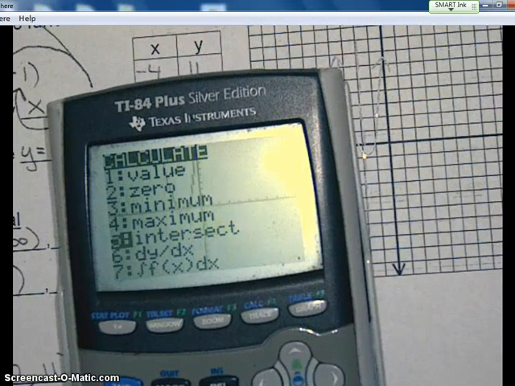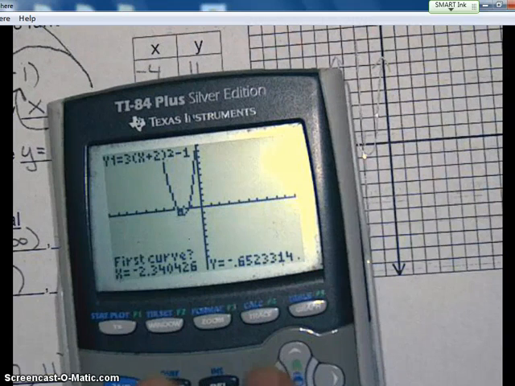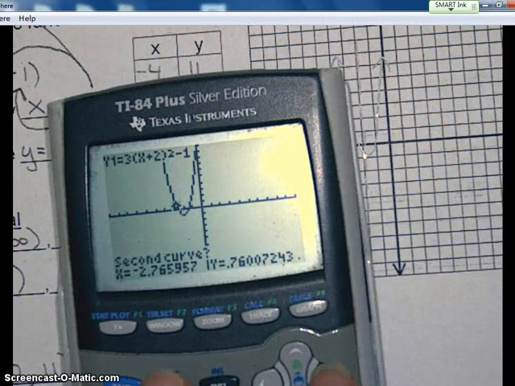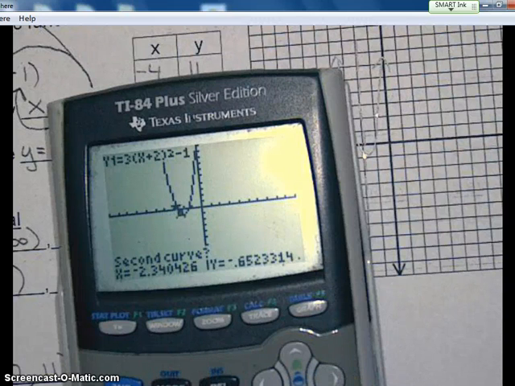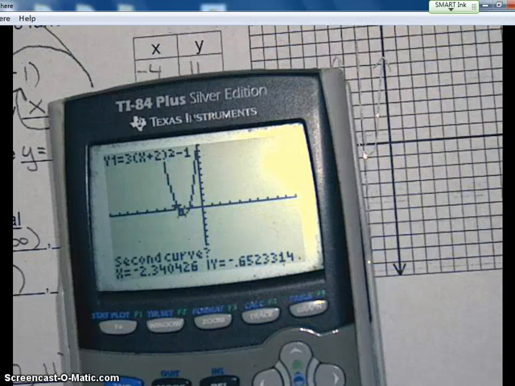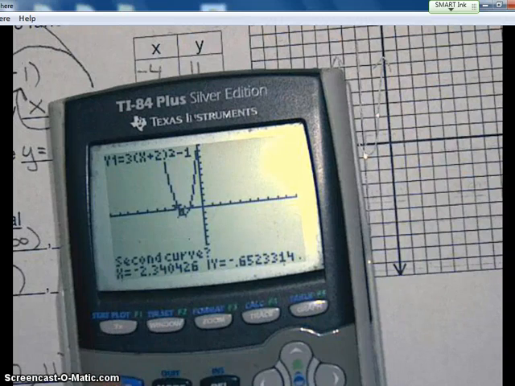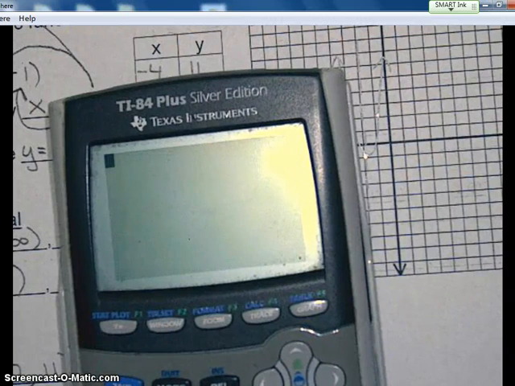Number 5. First curve. We want to go above it. Below it. Enter. It's not working. I'm not sure why.